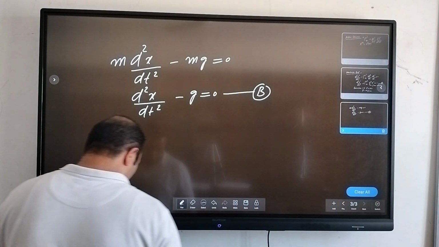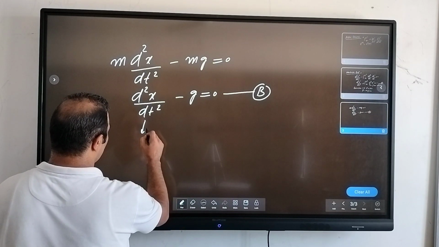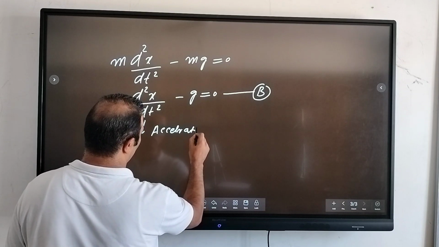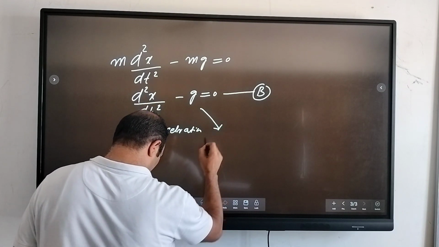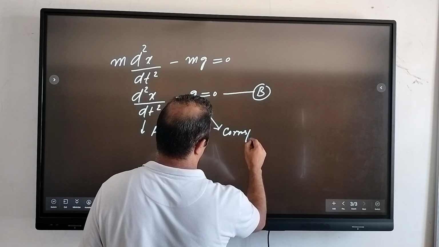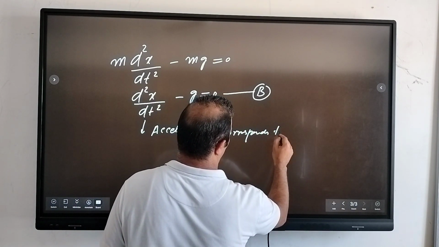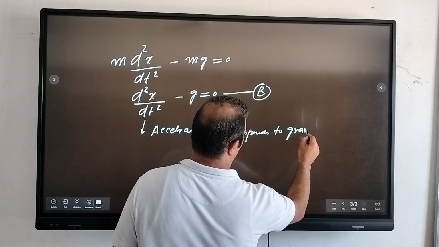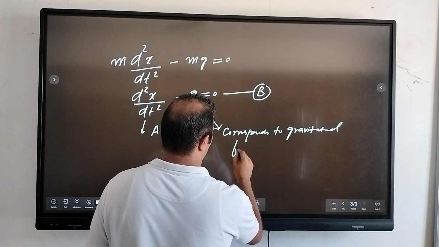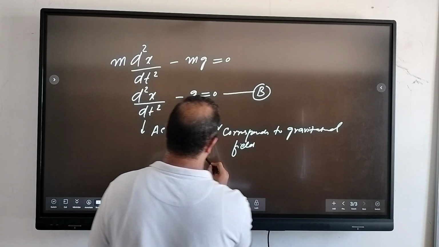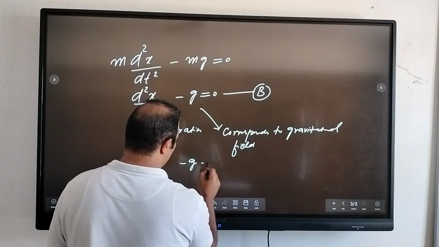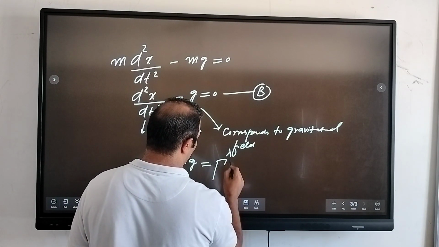So we can say that the first term is our acceleration, and this term corresponds to our gravitational field. Which is further equal to, we can write that minus g will be equal to that, so that's equal to that tau lambda mu.